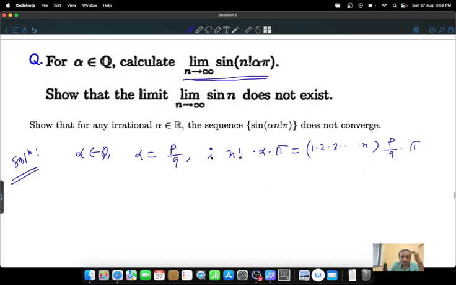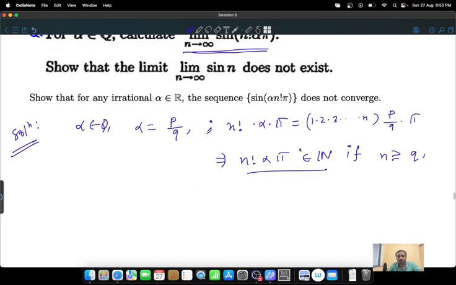So this implies n factorial alpha pi is a natural number multiple of pi if, so if you want to cancel out the term q, then you have to take n large, so that 1 to n contains q. So basically if q is at most n, so that the term q is present there, then this will cancel out and the total term will be a natural number times pi, right?